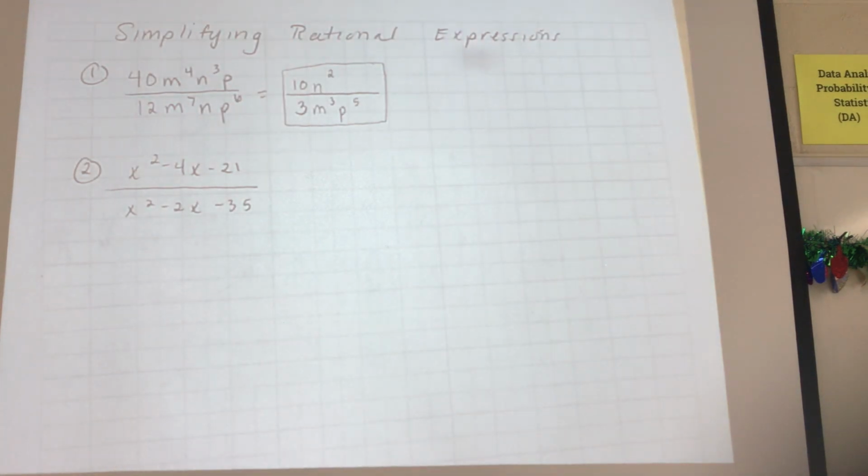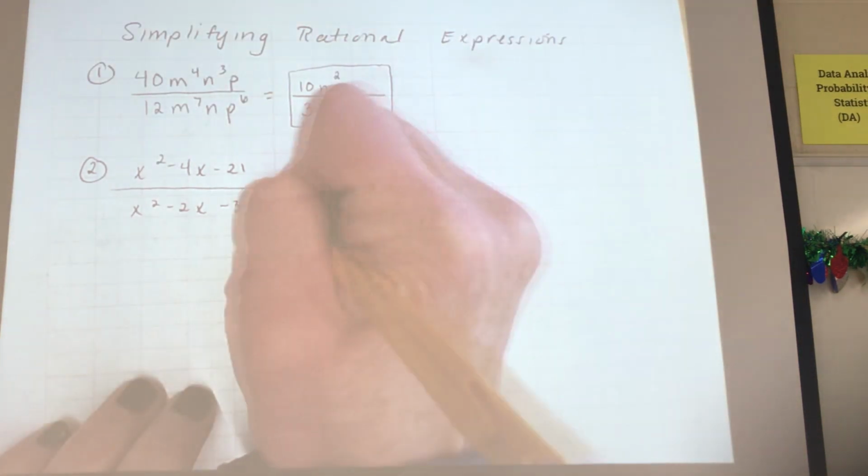Now, my goal here is to factor and hopefully, potentially, find pairs of common factors, one of which would be in the numerator and one in the denominator, so that I can eliminate that common factor and simplify this expression. Now, that doesn't always happen, but the only way to find out is to factor to see if there are in fact common factors. So I'll go ahead and factor this guy.